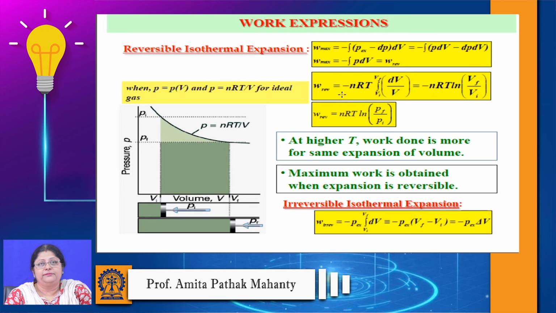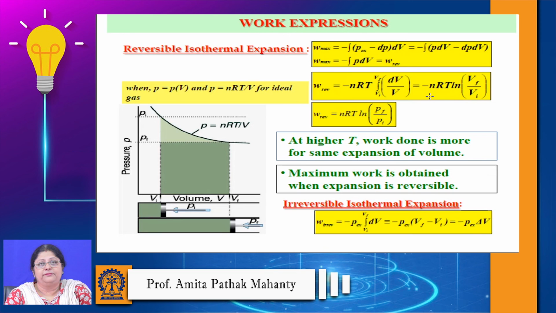I think it is understood because the temperature appears in the expression: the more the temperature is increased, the greater is the work done. Maximum work is done in the reversible process. In the irreversible process the work is always equal to minus P external dV, while for reversible work it will always be an integration of P dV over the limits of the volume change.